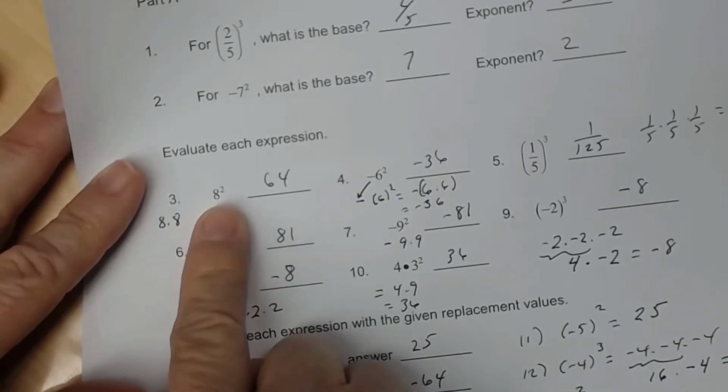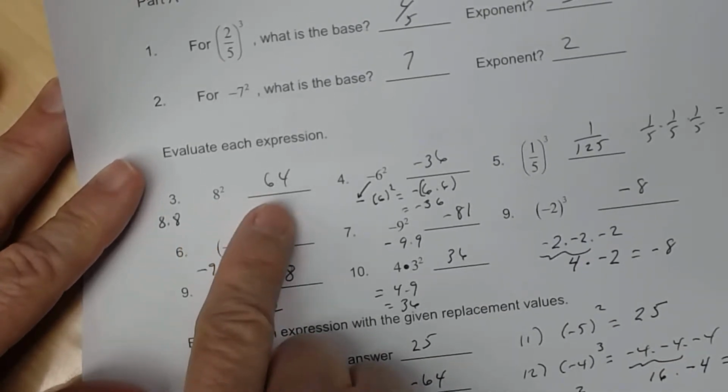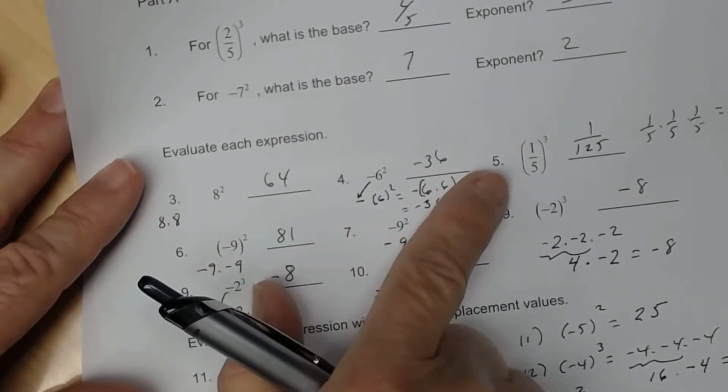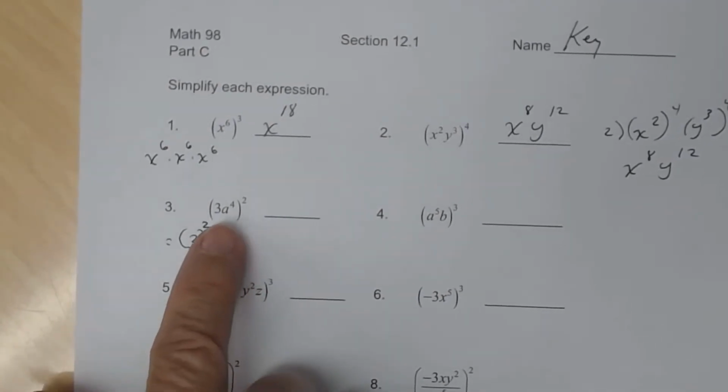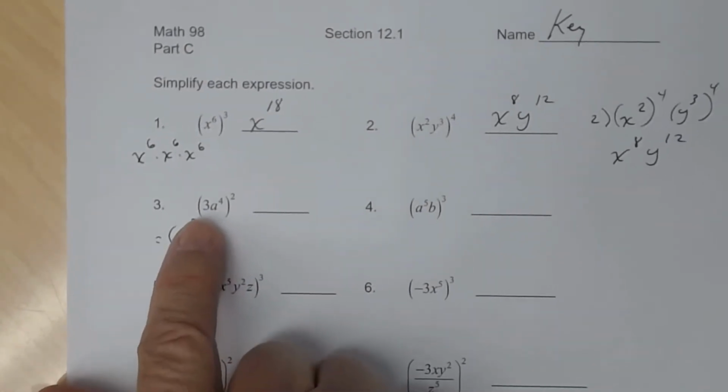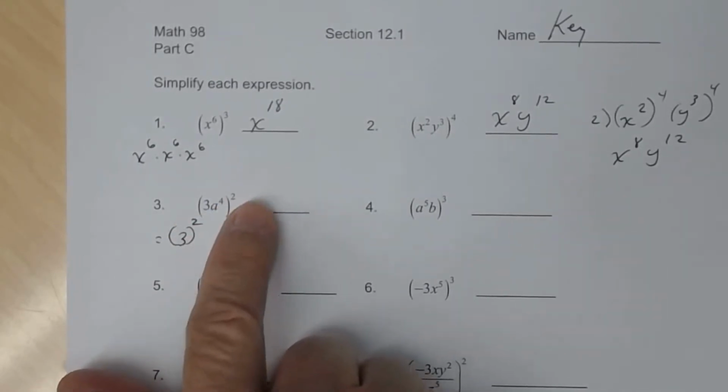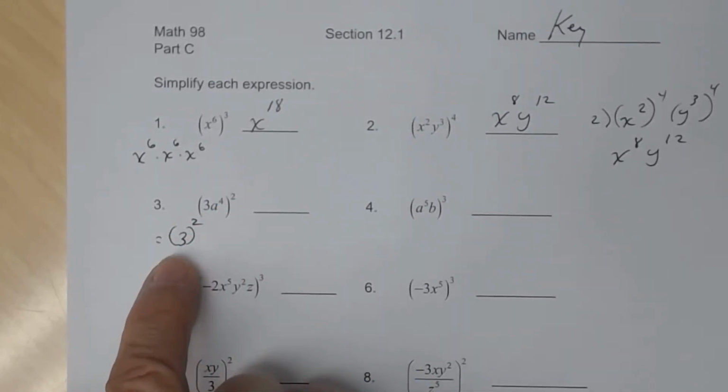So 8 squared means 8 times 8. So that's 64. Okay? 1/5 cubed means 1/5 times 1/5 times 1/5. So you got to think of these as coefficients, because that's what they are. But you're still raising it to the 2nd power. But you got to think of this as 3 squared, which is 9.